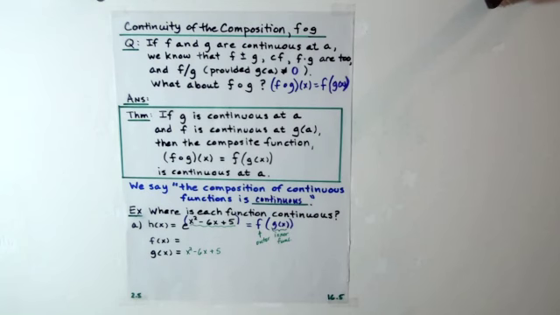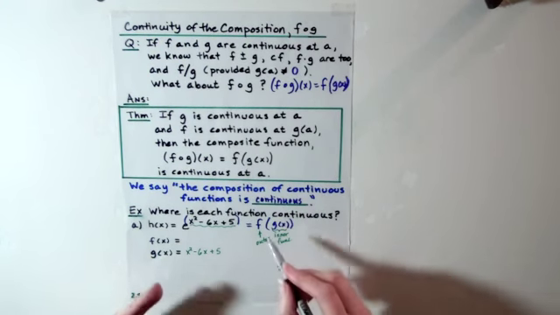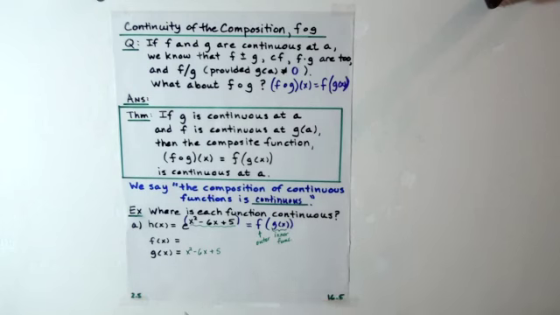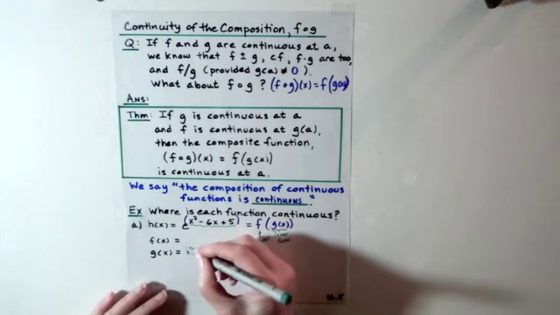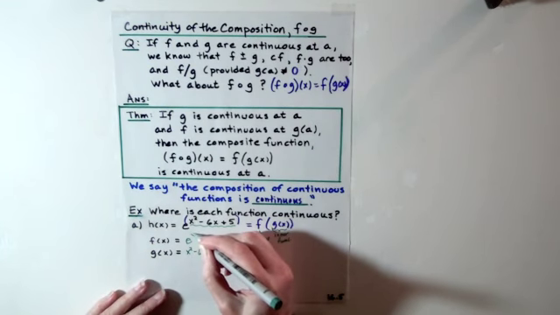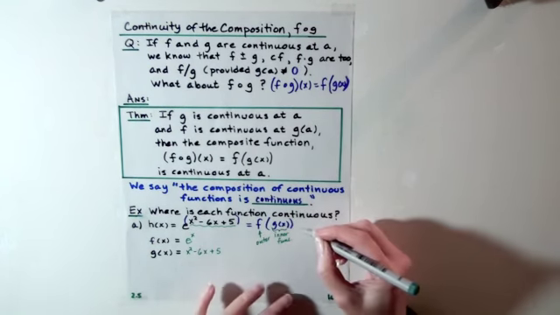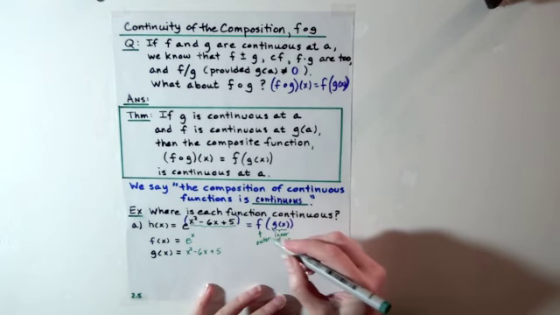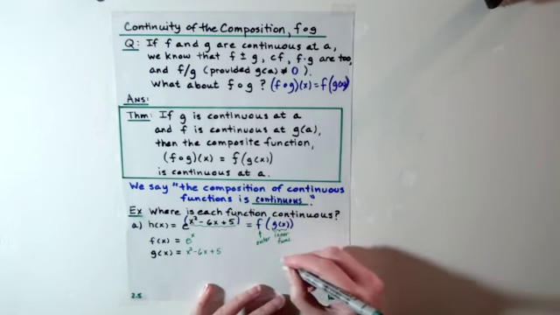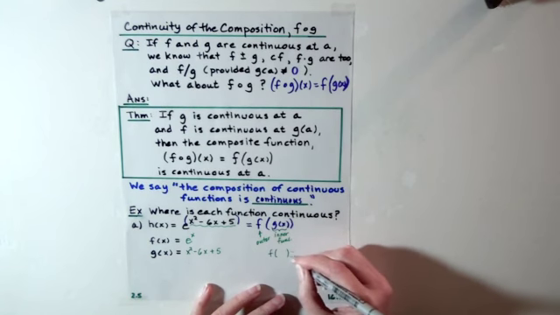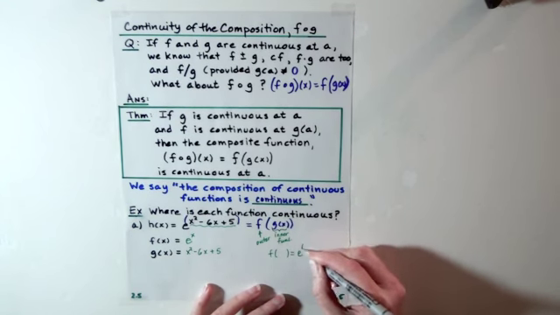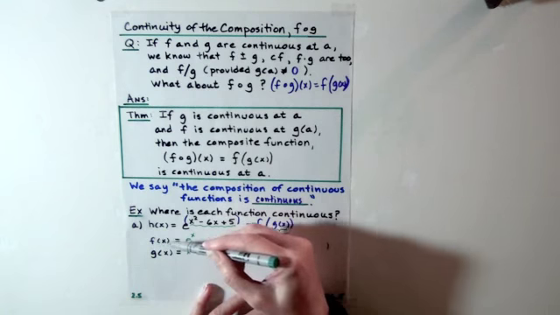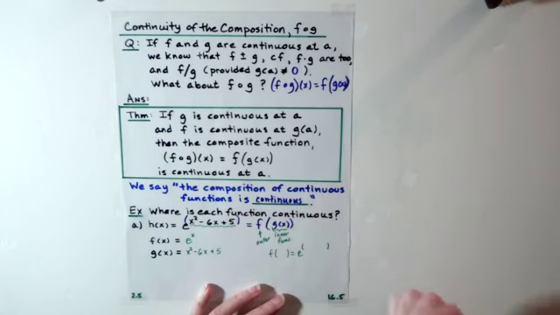And if I declare g of x to be x squared minus 6x plus 5, what does that mean f of x has to be, so that when we compose f of g of x, we end up with e to the x squared minus 6x plus 5? F of x would have to be the function e to the x. And I hope you can see then that if I were to try to compose these two functions together, f of whatever I'm plugging in is e to whatever I'm plugging in, because f of anything is equal to e to that anything.